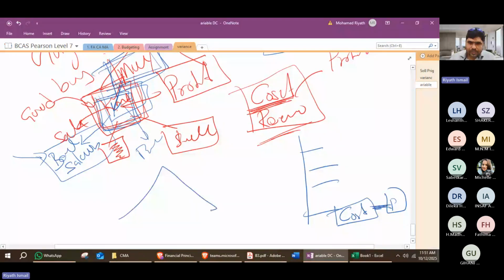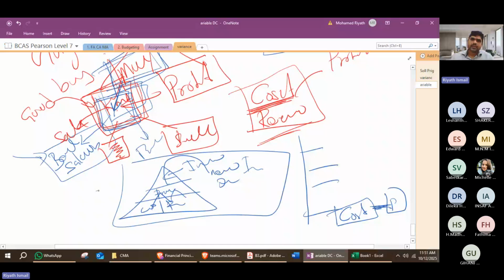Then profit center is a combination of these two. And then the investment center, which can make new investment or divestment. So that is what the responsibility centers are.